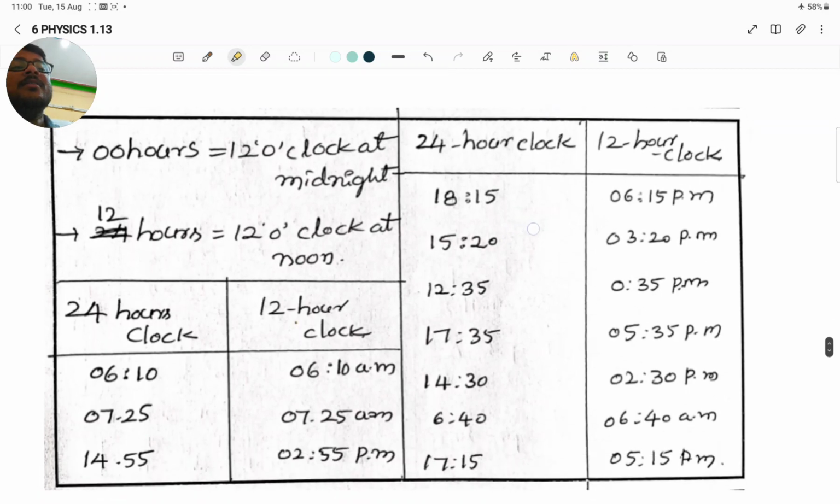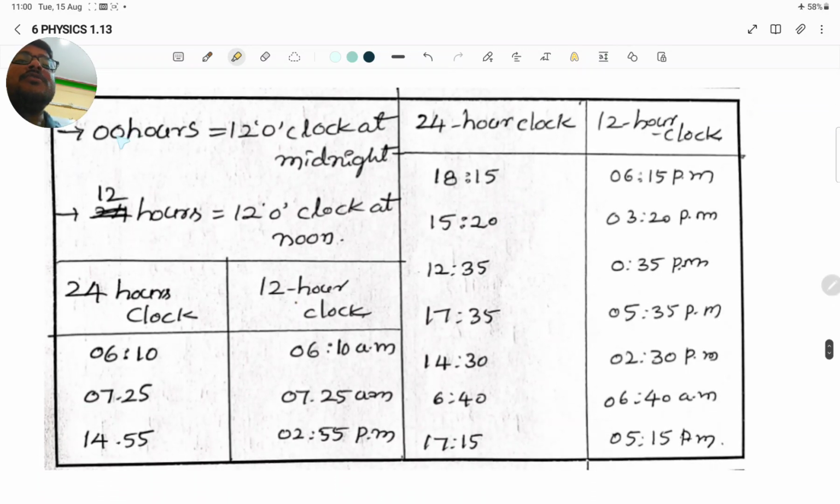Now next one. According to the 12 hours clock, 00 hours, the starting of the day, is 12 o'clock at midnight. In the 24 hour clock, 12 hours represents 12 o'clock at noon.